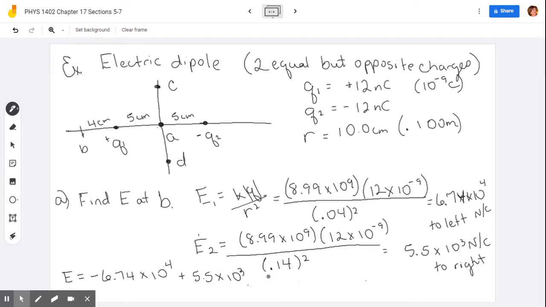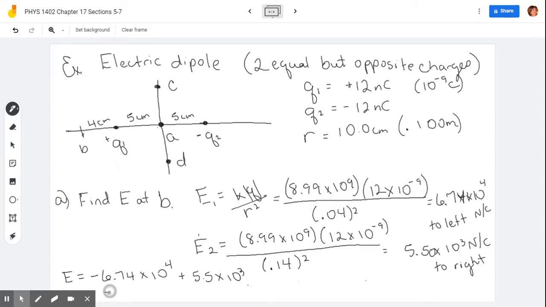So if I add those, negative 6.74 times 10 to the 4th plus 5.5, oh, there was an extra place there, times 10 to the 3rd.